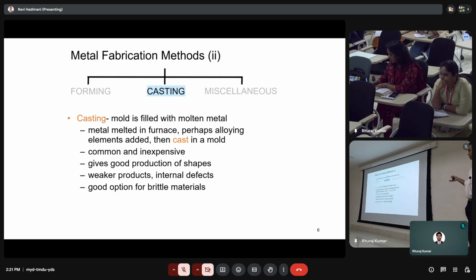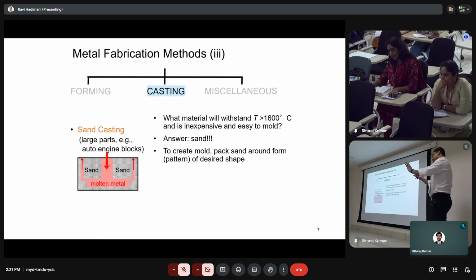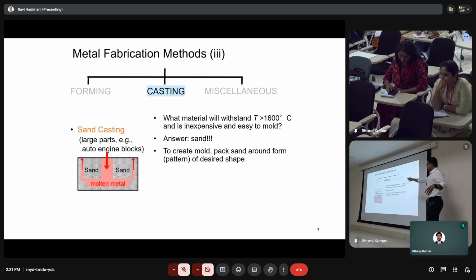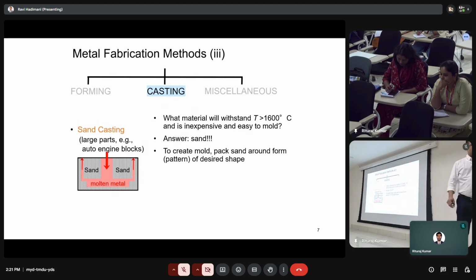You can have complicated shapes, but the product finish is not that good, and it's good for brittle materials. You can also do ductile materials, but ductile materials have more options, such as extrusion, rolling, and so on. So normally casting is for materials such as cast iron and other brittle materials, including some ceramics.